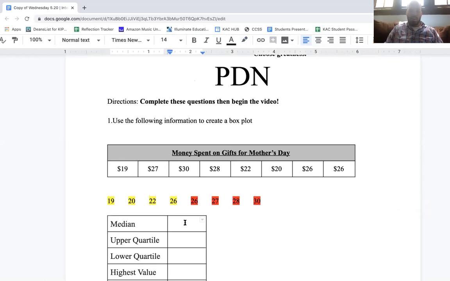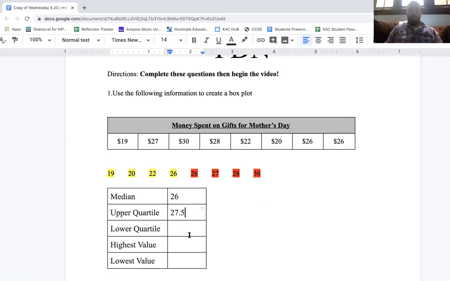What's in between 26 and 26? 26. Upper quartile would be right here in between 27 and 28, which is 27.5. Lower quartile between 20 and 22, which is 21. Highest value is 30. Lowest value, 19.